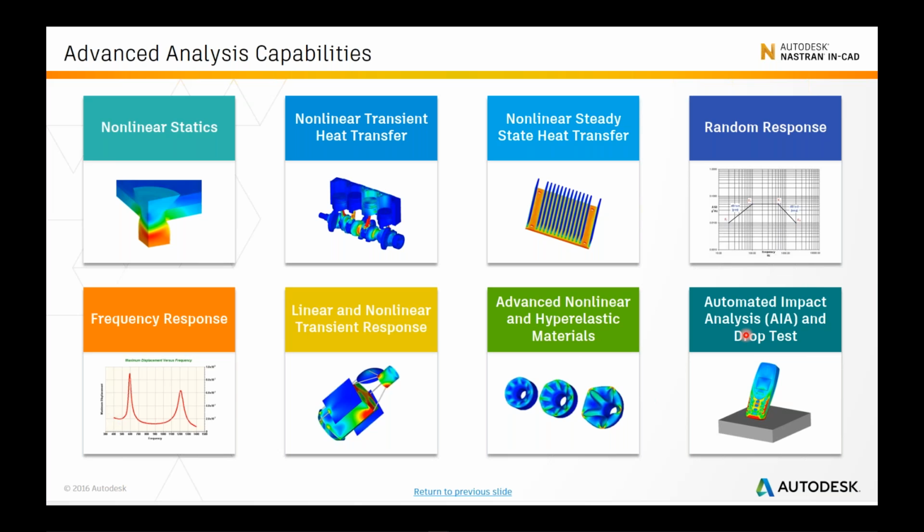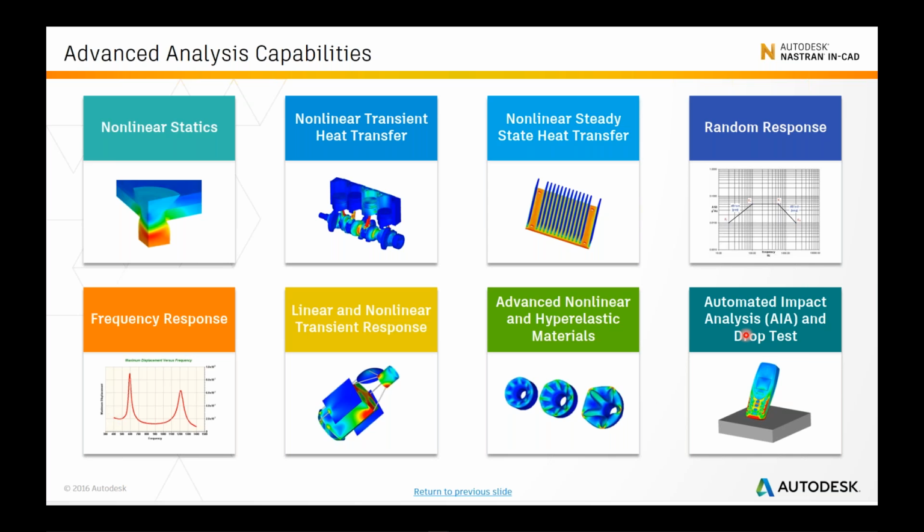All of this can be done with the help of automated impact analysis. With this, I think I have given you a fair idea of the basic and advanced capabilities. So Nastran In-CAD comes as a single suite. There are no add-on modules available. It comes with all of these capabilities that I showed you.